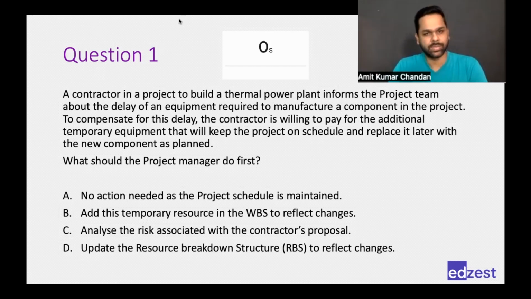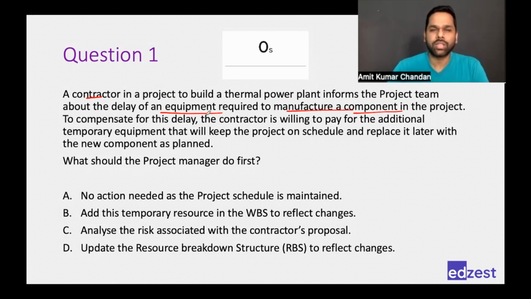Let us discuss. Okay. A contractor in a project to build a thermal power plant informs the project team about the delay of an equipment required to manufacture a component in the project. Okay, so what's happening? There's a contractor who has informed the project team that there would be a delay in an equipment which is required to manufacture a component. Okay.